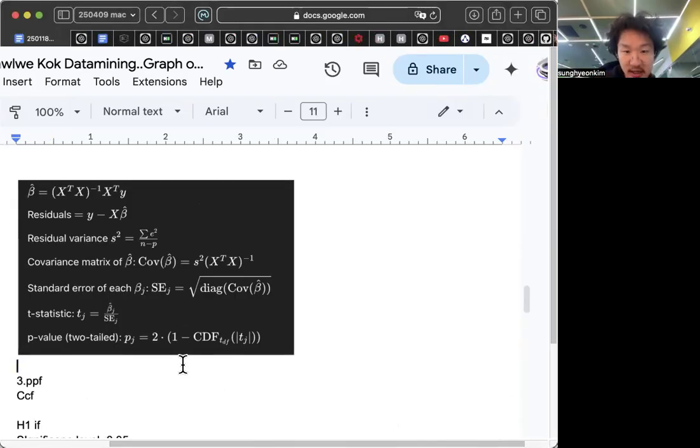And MSE multiplied by (X transpose X) inverse, then for each term you can get the variance regarding the term, which is used later at this part.